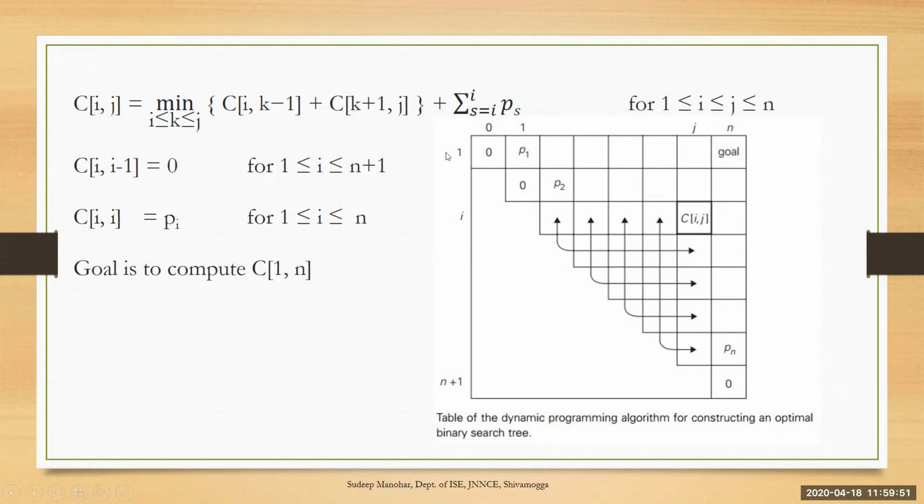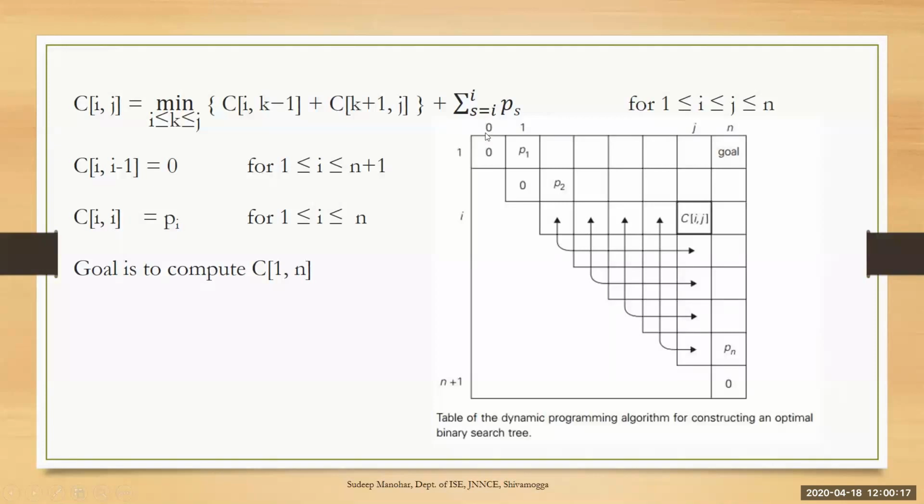If n is 4, if there are 4 keys, then the number of rows are 5, and numbering will be given in the same method, starting from 1, 2, 3, 4 and 5. And how about the columns? If you look at the columns, column number starts from 0 and it will be till n. For example, in the previous example, there are 4 values.